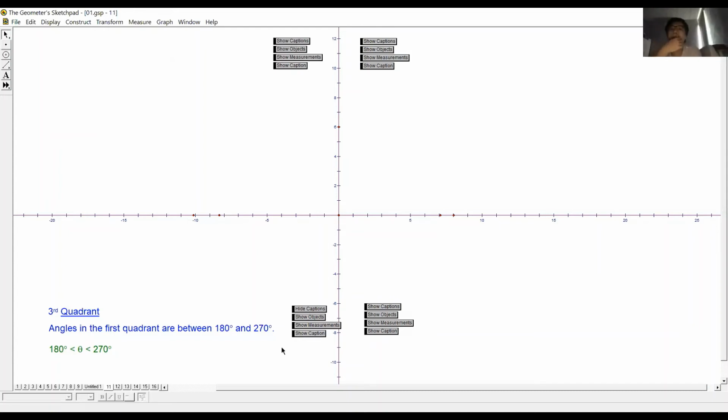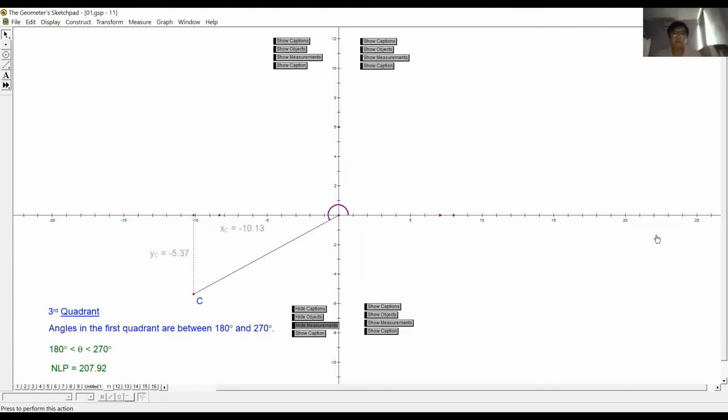Now, let us look at one example of an angle in the third quadrant. You see the angle comes from the positive x-axis, goes anti-clockwise until the third quadrant here. So this is an example of an angle in the third quadrant.